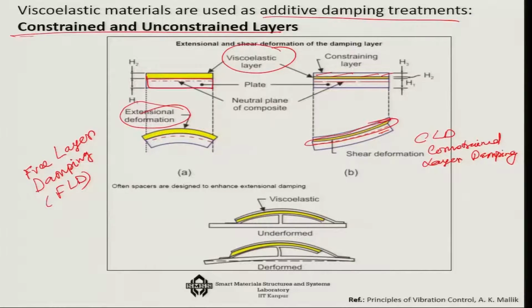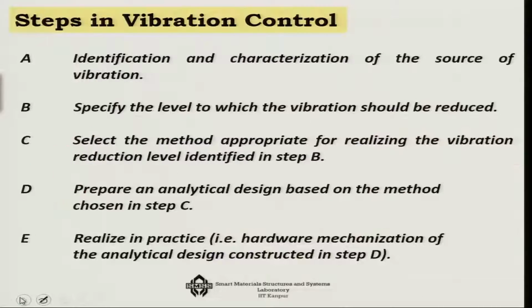To make it even better, you can keep it farther away from the neutral axis by giving a spacer, so that this effect gets further magnified. This is what we do in terms of adding a layer, but you may also think of it as a system modification.